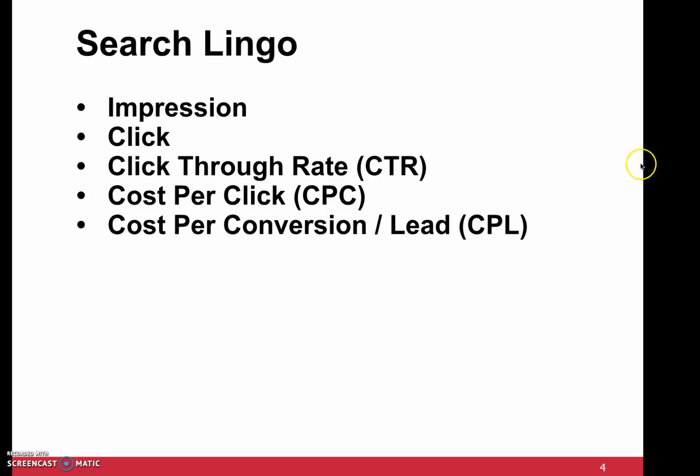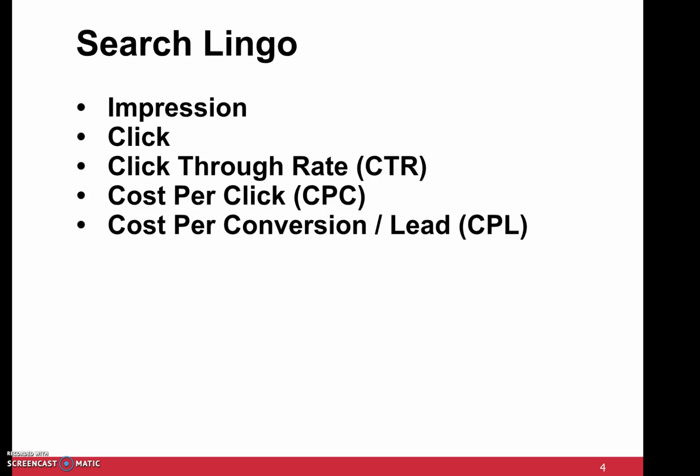So, some search lingo. An impression is a metric which measures the number of times an ad is served to a user on the search results page. A click is the metric which measures the number of times a user has interacted with a pay-per-click ad.